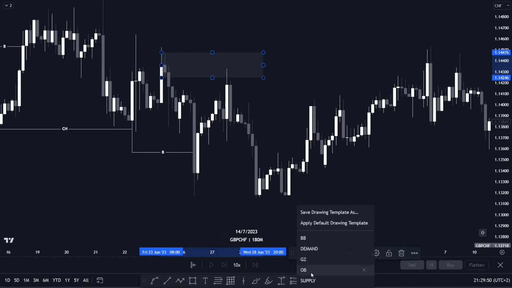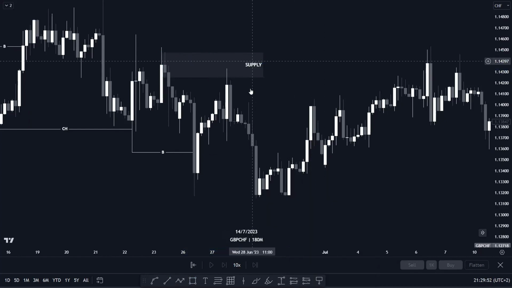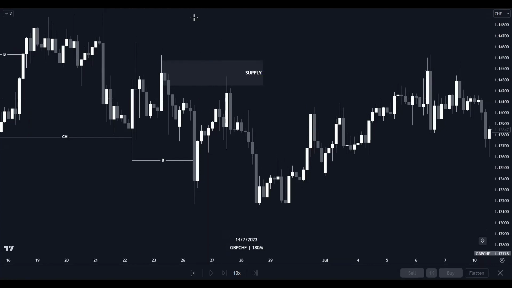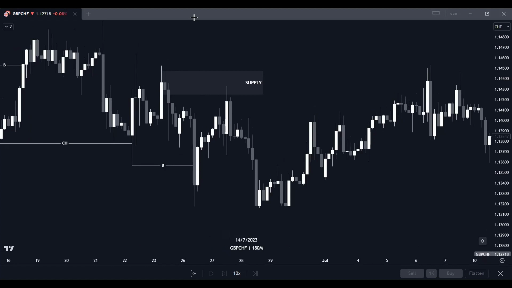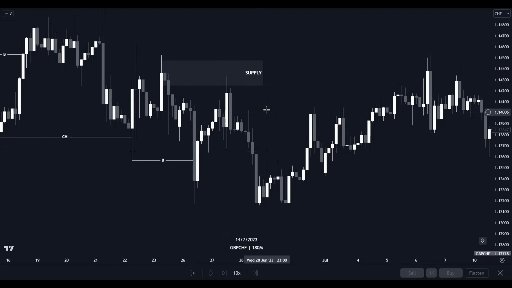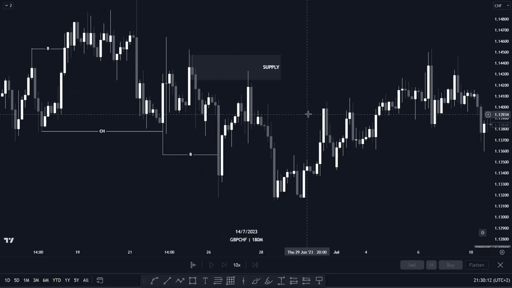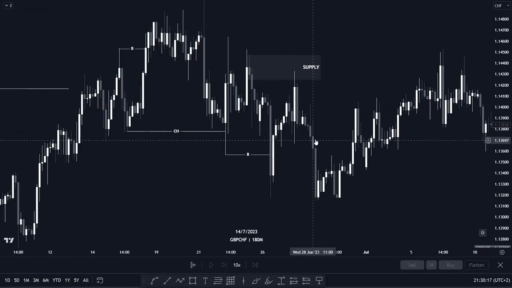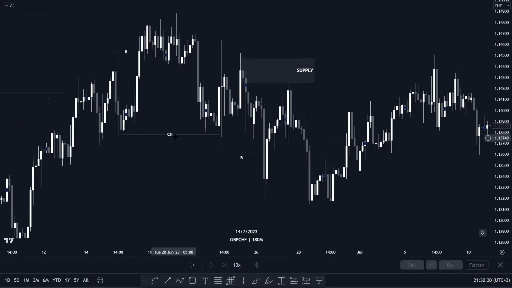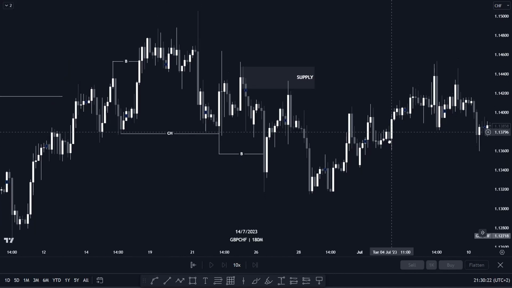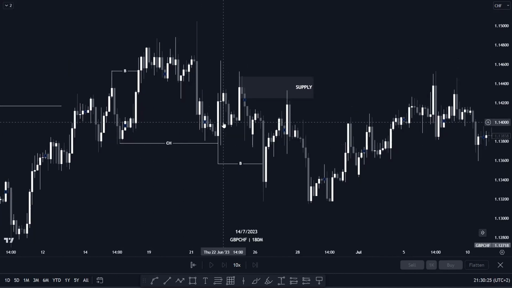So price respected our supply area here. Okay, so what I managed to see is that this was just internal structure. So now price hasn't yet respected our change of character entry model.